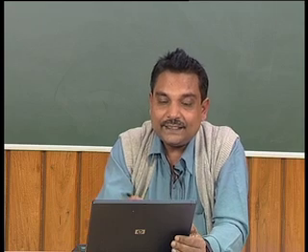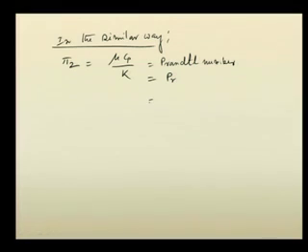Now, what is this Prandtl number? It is written as mu by rho divided by k by rho Cp. This is equal to nu by alpha. We know mu by rho is equal to nu, and k by rho Cp is equal to alpha.